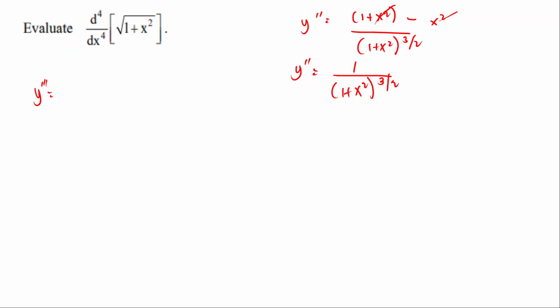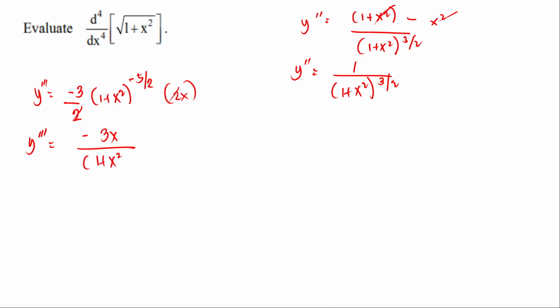So, pag dinerive natin yan, magiging negative 3 halves. Okay. 1 plus x squared. 3 halves. Negative 3 halves minus 1 is negative 5 halves. 5 halves tapos 2x. Okay, magka-cancel si 2. So, y prime prime prime is equivalent to negative 3x 1 plus x squared 5 halves.